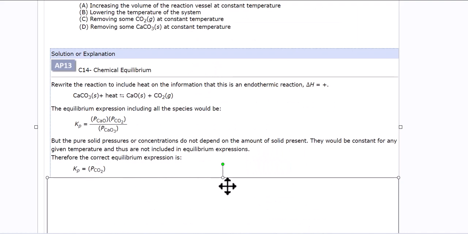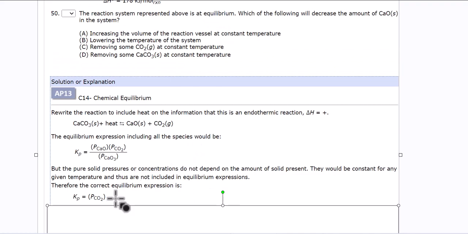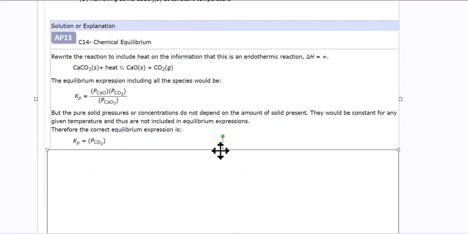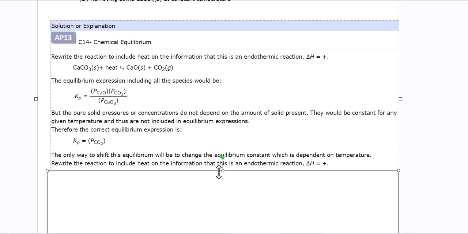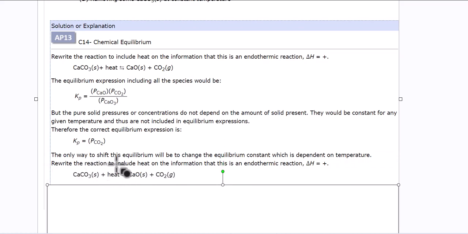So that's it. We're stuck with it, but the question says we want to decrease the amount of CaO. We want to have less of this solid. How are we going to do that in an equilibrium? Well, that's where we get back to our heat. The only way to shift this equilibrium is to change the equilibrium constant. And we've got our heat in here.